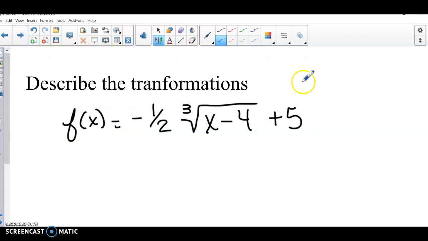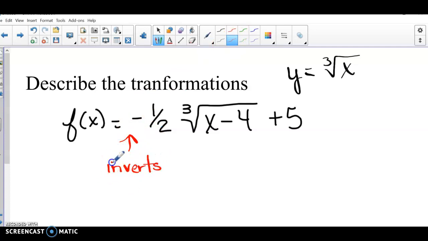Describe our transformations. You can plug in y equals the cube root of x. If you remember what we did on Desmos yesterday, what does each of these do? If this is negative, then it inverts. If it's a number that's greater than 1, it stretches.